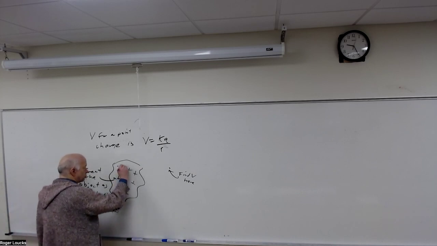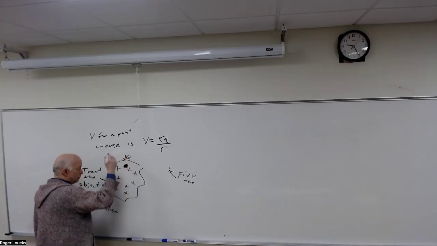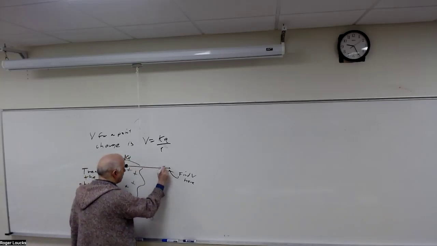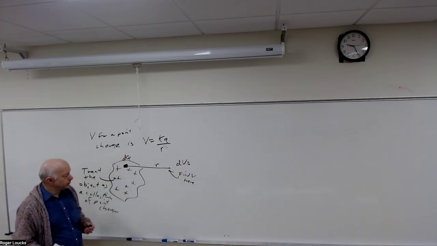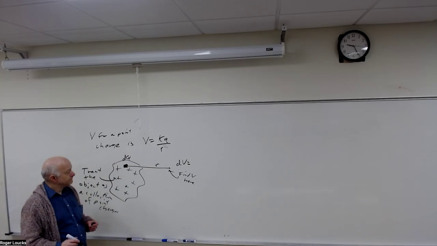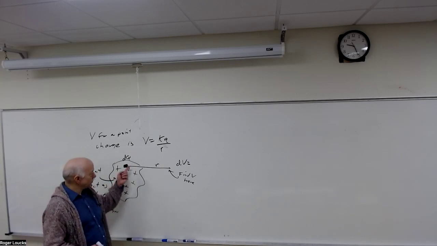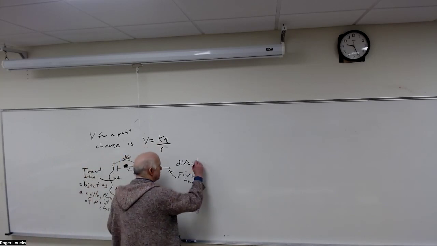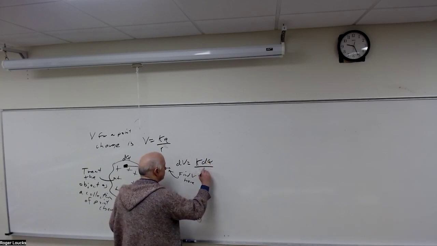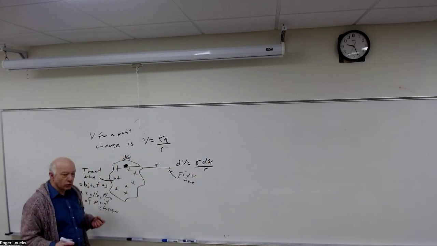So then I'd have some little point charge here, shaded in here. This would be my friend dq, and little dq doesn't matter. From here to here is R. So the tiny little voltage there is going to be k dq over R. And if I want the total voltage at that point, what do I then have to do?